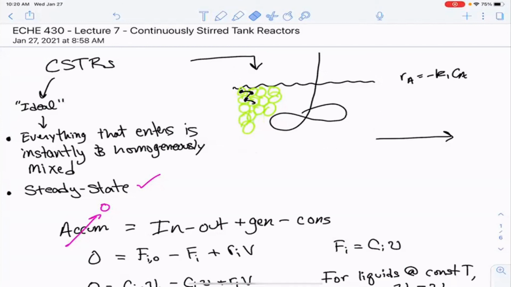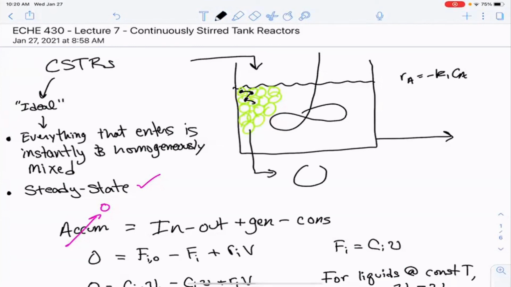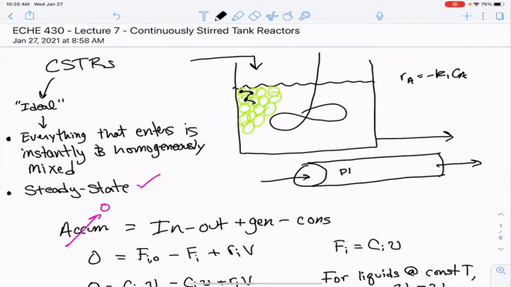Something we're going to talk about later on in this semester is that an infinite number of CSTRs would behave a lot like a tubular reactor, where we're just feeding into one side of this reactor and it comes out the exit. Because flow exists in little segments or plugs, we call those plug flow reactors. And that tubular reactor we're going to talk about later on in this semester.